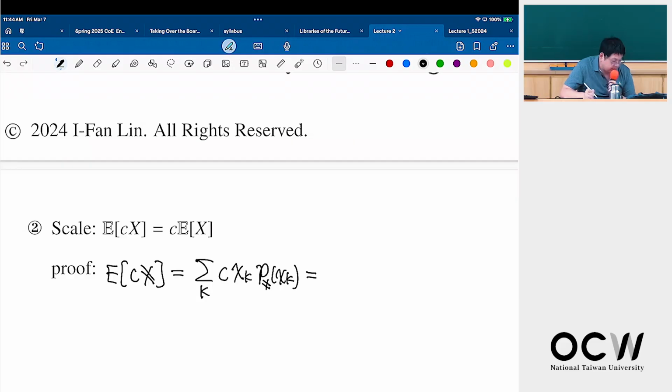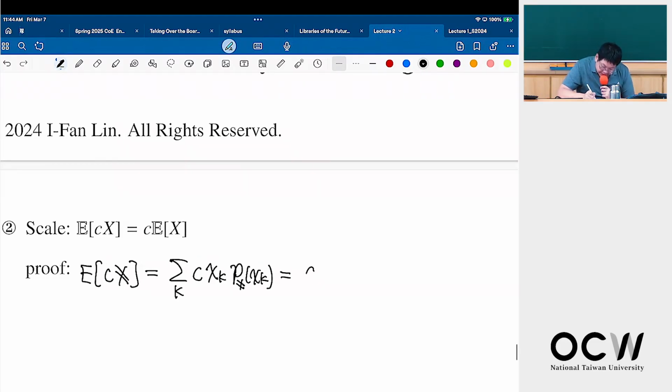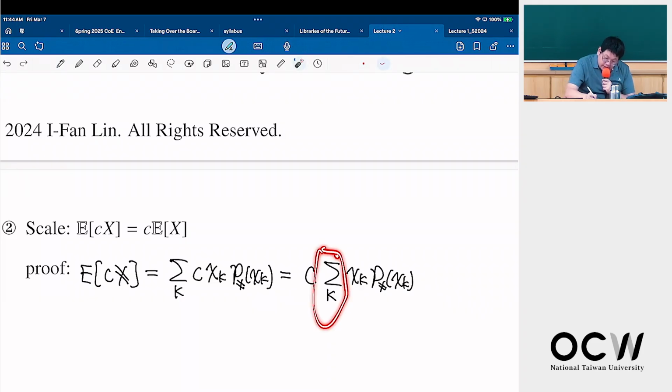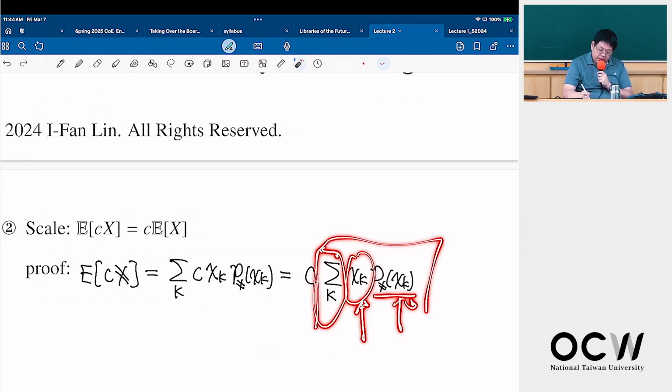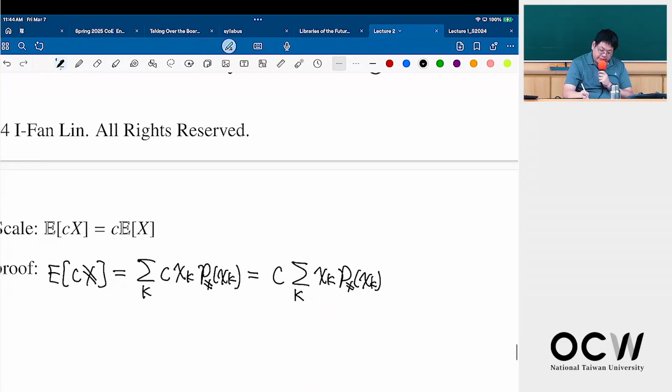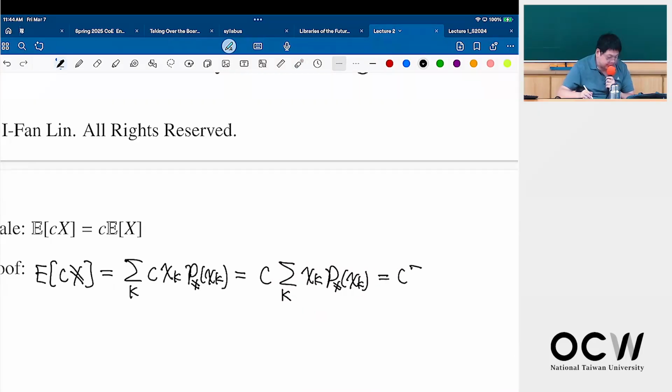And since c is just a constant, I put it outside. And for this summation, you can see all of the possible outcomes and the weightings. So again, for this summation, it is the expectation.